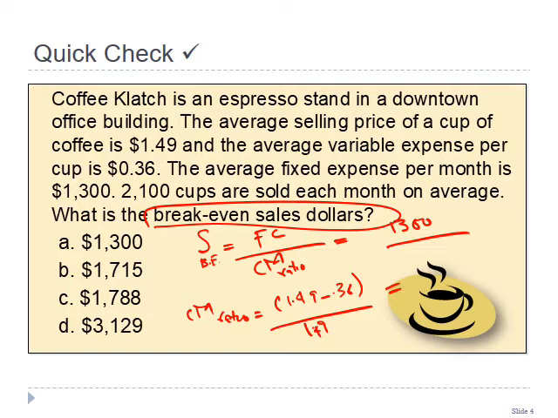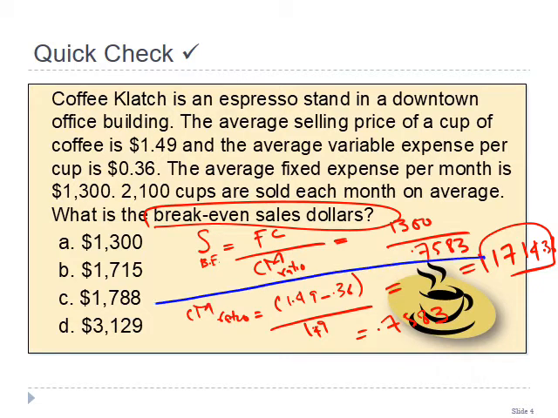It is 0.7583, which means 75.83%. When you write it down, 0.7583, the answer would be 1714.36. The closest one would be here, B, right? So B is the correct answer.